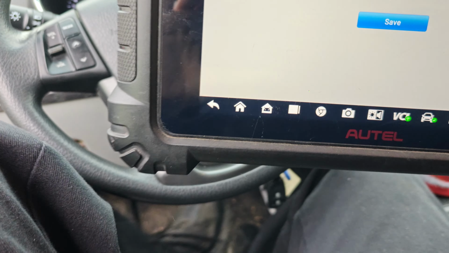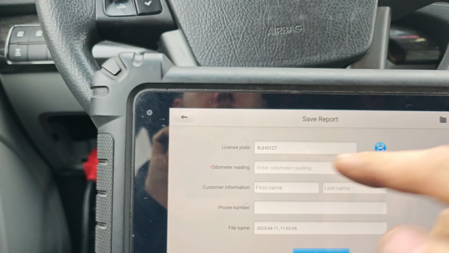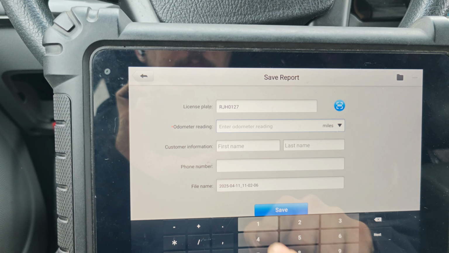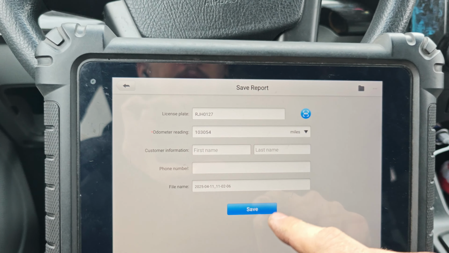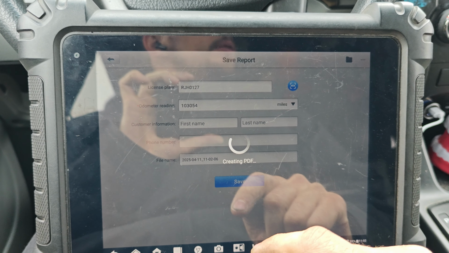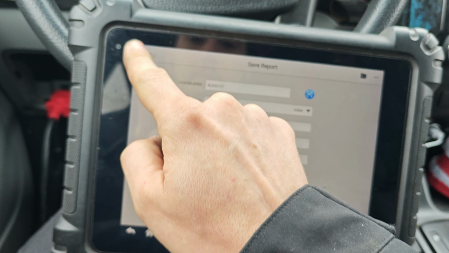Let's see, are they from Georgia? Let's put our odometer in here, and then we'll start looking at some data PIDs. 103054. Okay, close. Let's go back.